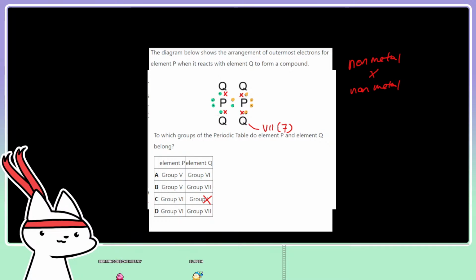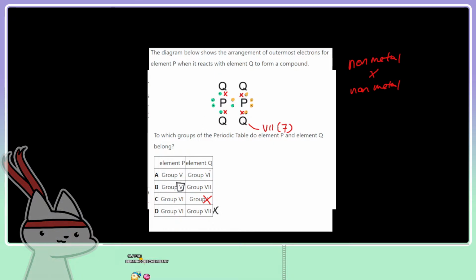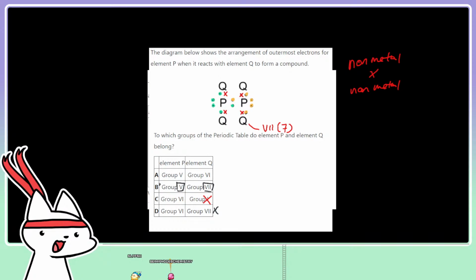It's 5 valence electrons rather than 6. They want to trick you into double counting the center to get a weird funky number. So that's why D is not correct. In this case, P will be group 5, Q will be group 7. The answer will be B. B for boy. This is a tricky question.